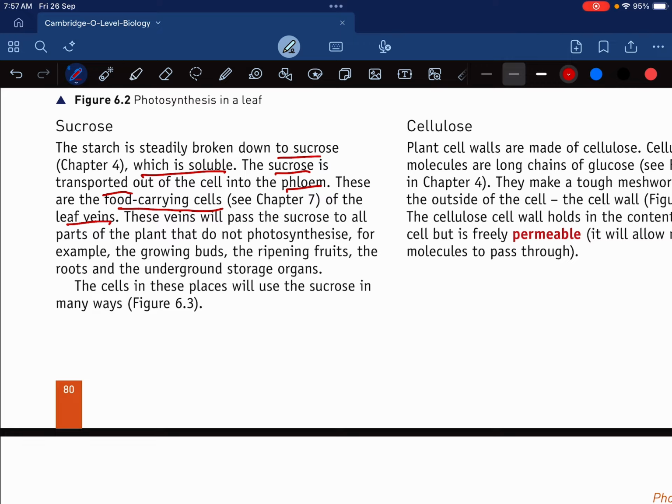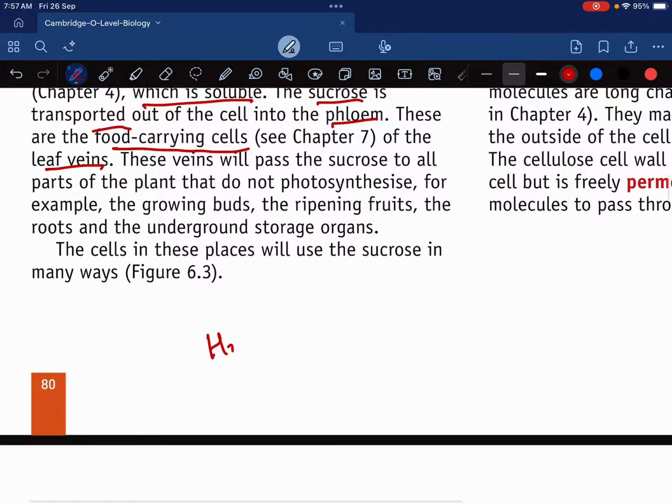They were xylem. Just like that, to transport our food, to transport our sucrose, we have phloem, right? So water के लिए we have xylem to transport, and for sucrose we have phloem.